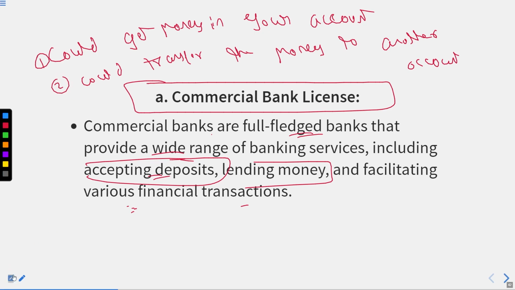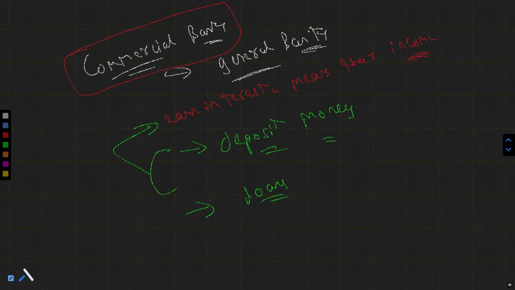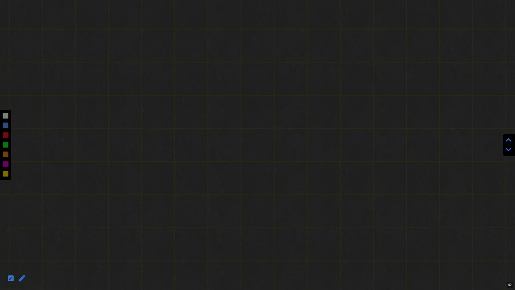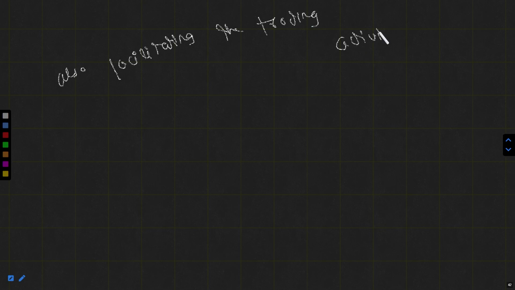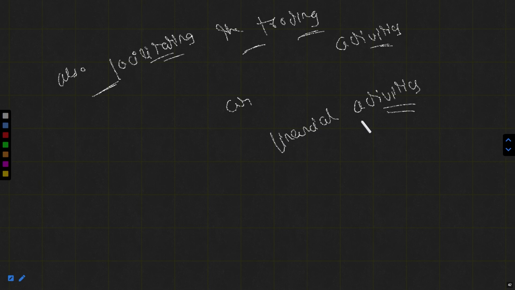All right. And the second thing is that, besides these individual services, they are also facilitating trading activities, or you can say financial activities. All right.